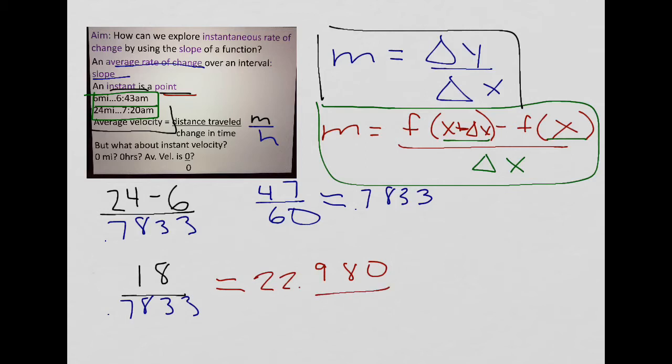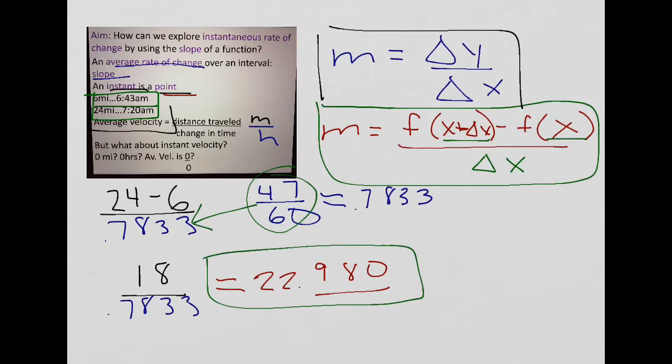Our answers must be to 3 decimal places when we are working in AP Calc. And if I had kept this fraction and put that in there instead, I actually get the same approximation. And this is your miles per hour. So we just figured out the average velocity or average rate of change.